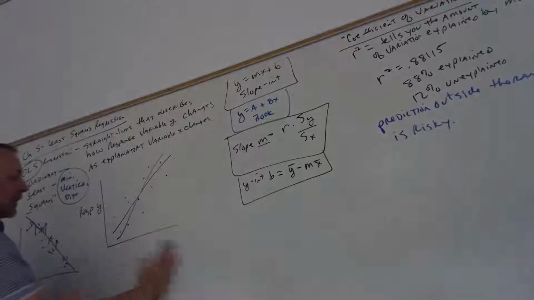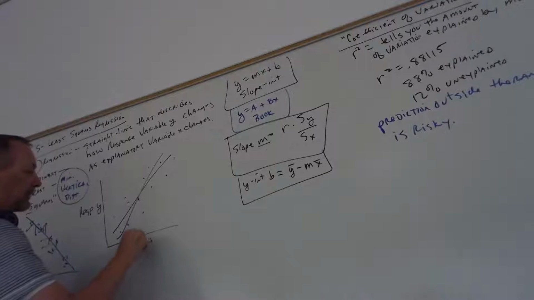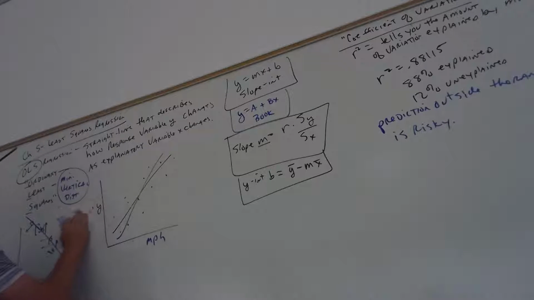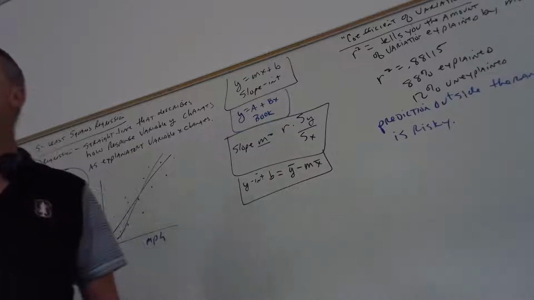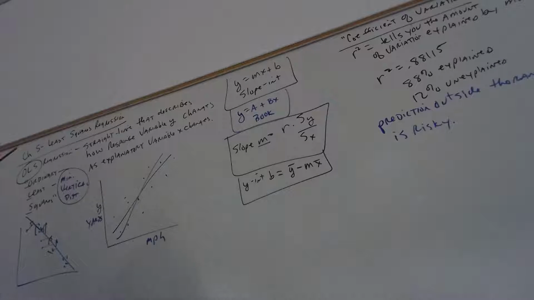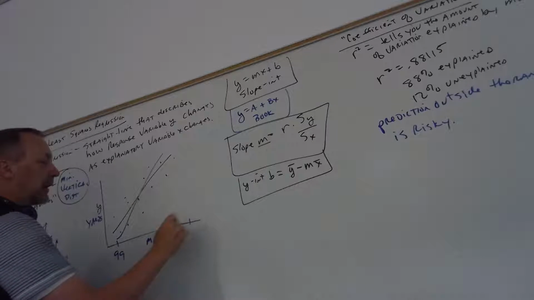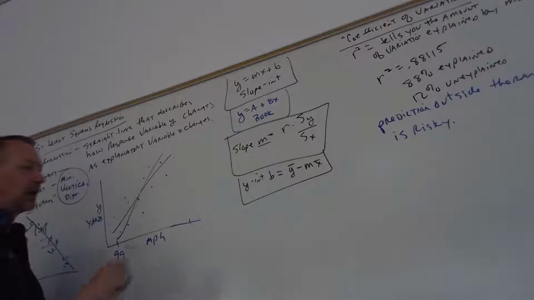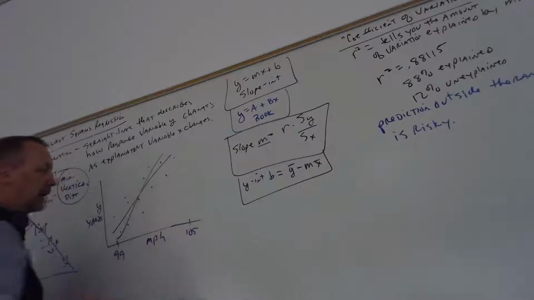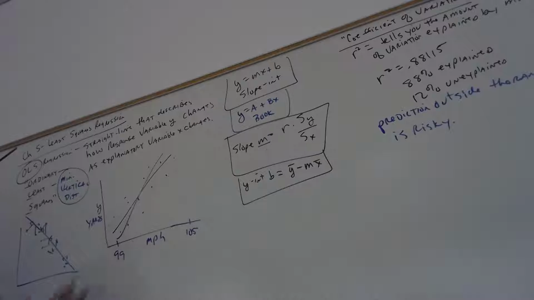So this is my miles per hour, and this is my yards. You can still see the equation on your spreadsheet. What was the lowest speed I had on there? 99. And the highest speed? 105.